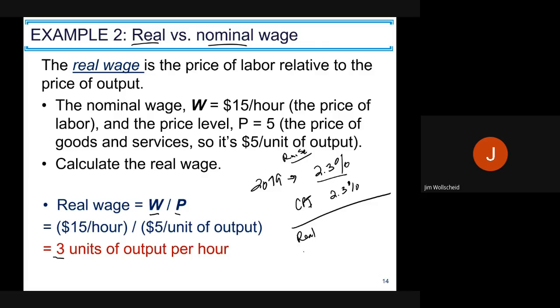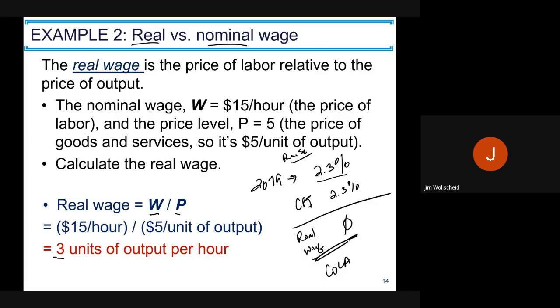So did my real wage actually go up? No, I didn't actually get a raise in 2019. I just got inflation. Sometimes they refer to this as a COLA, a cost of living adjustment. I actually wasn't really that good, because I didn't get a real wage increase.